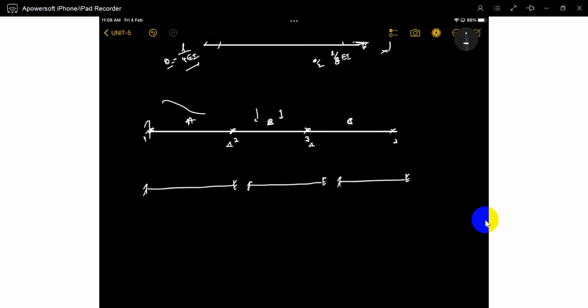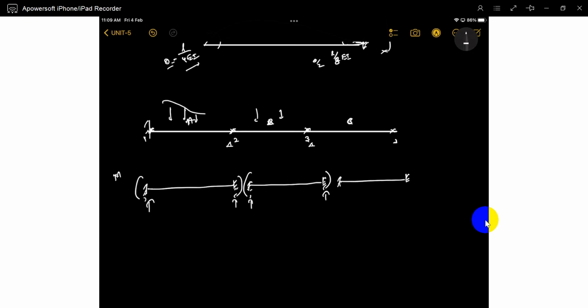For the load application, first we took every rotation and every deformation as restricted, and we get certain forces.